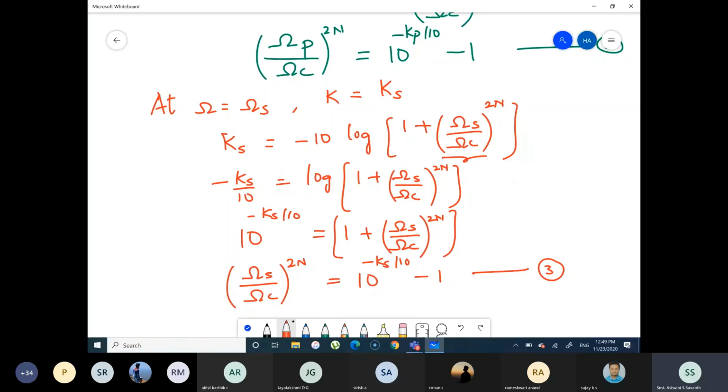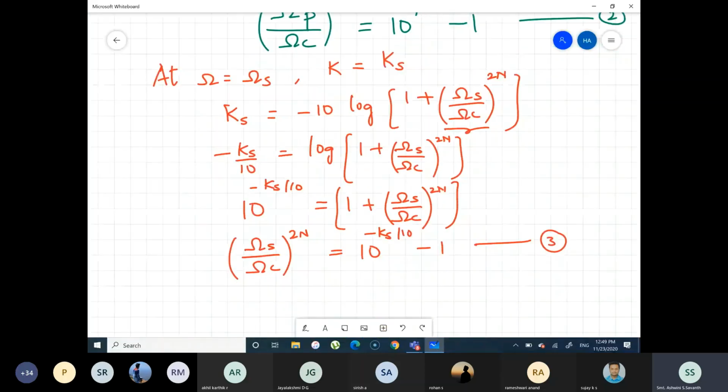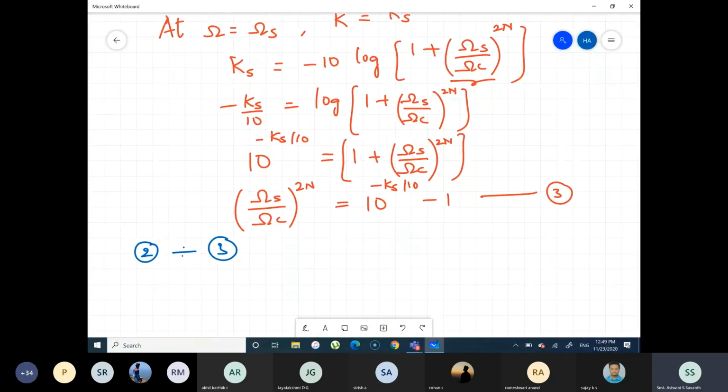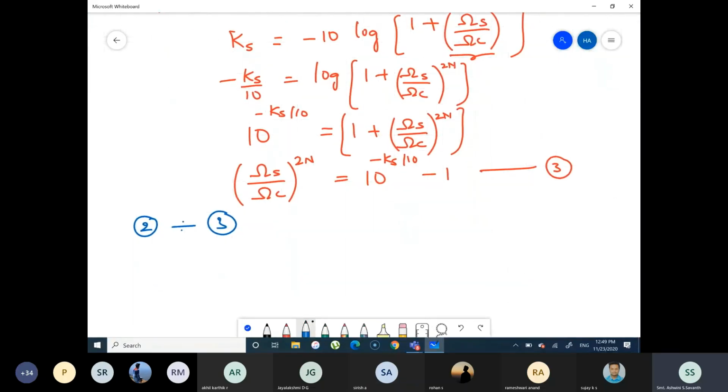Now, let us divide equation 2 by equation 3. Left hand sides, you have (omega p by omega c) whole raised to the power 2n.